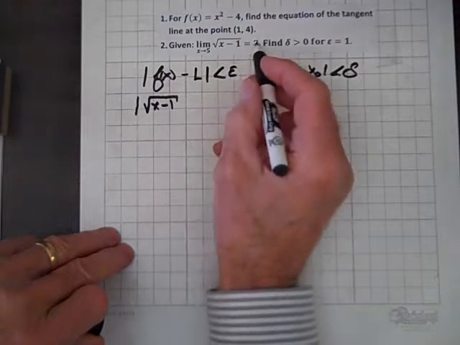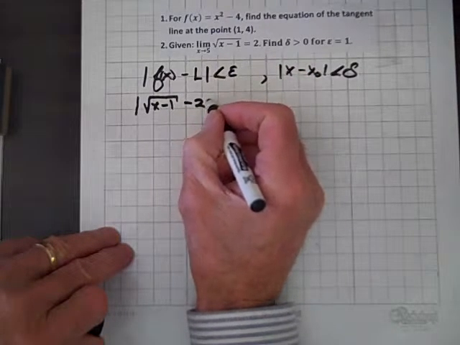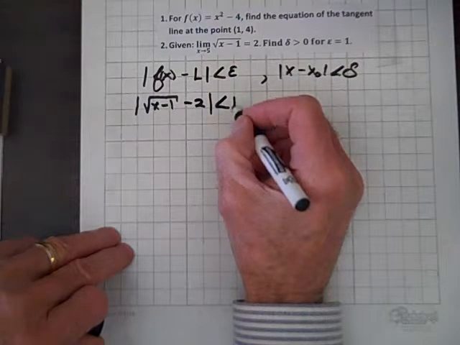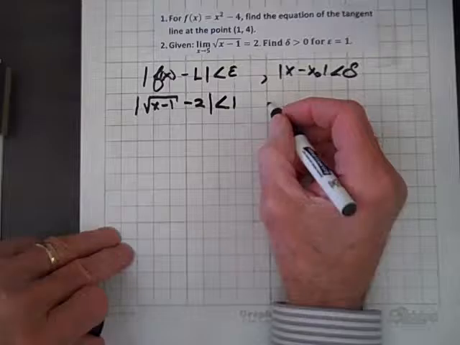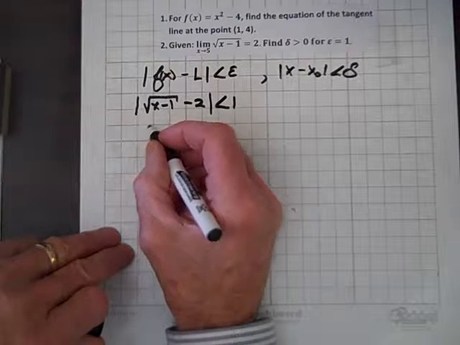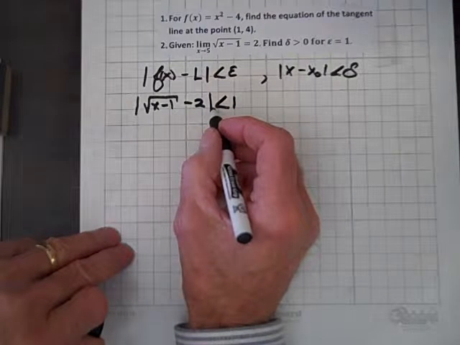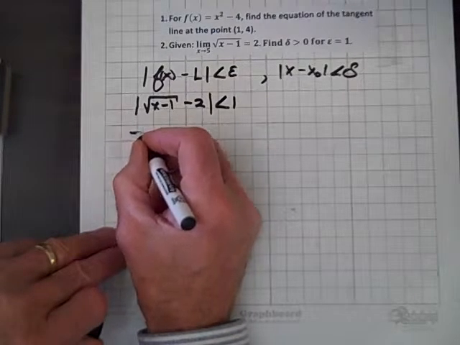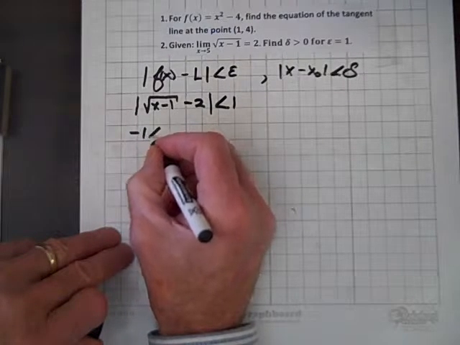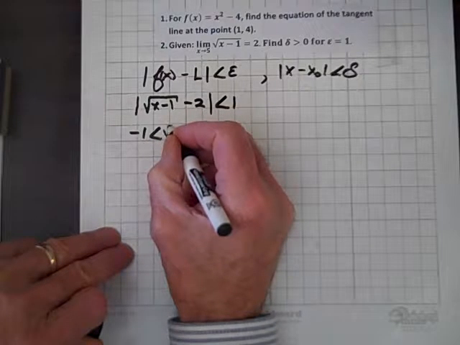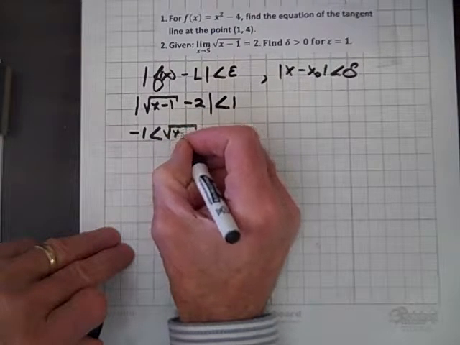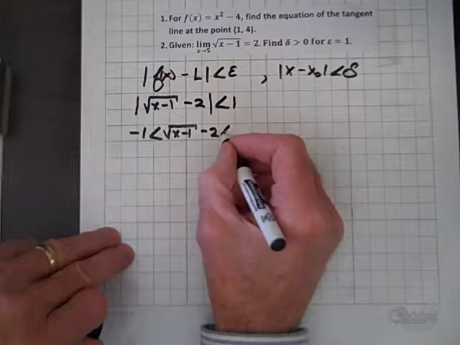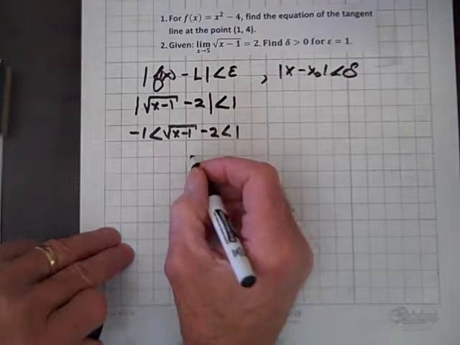The absolute value of f of x minus the limit, 2, is less than epsilon, but epsilon is 1. Now let's dispense with the absolute value bars. So we get negative 1 is less than the square root of x minus 1 minus 2, which is less than 1.